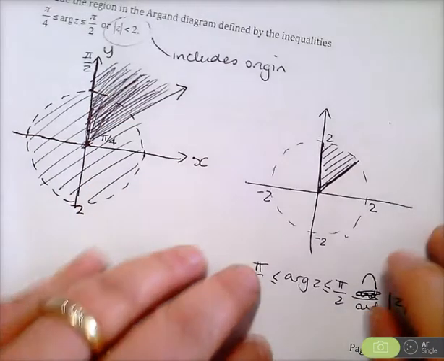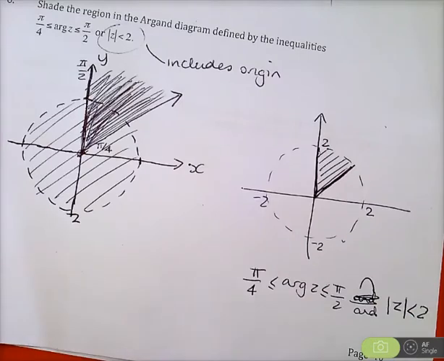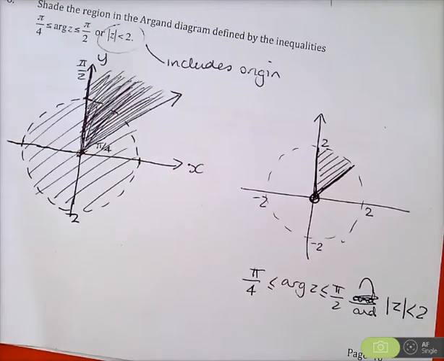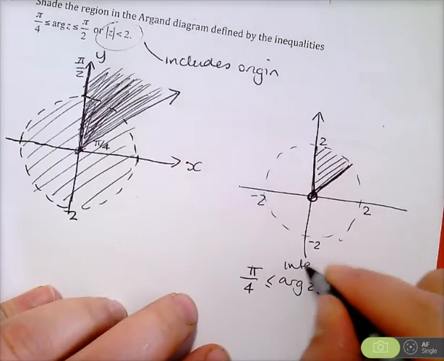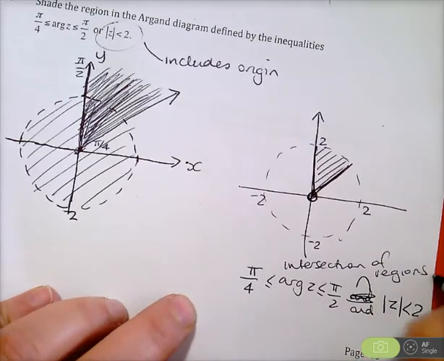Now this one, actually, z is less than 2 units from the origin. Do we include 0? Oh, but it's the intersection of them both. It's all the points that hold for both. You open the circle if I ask you that way, if I want the intersection of these regions. Got it?